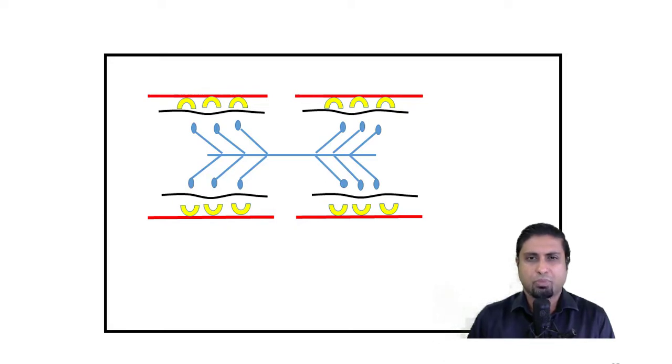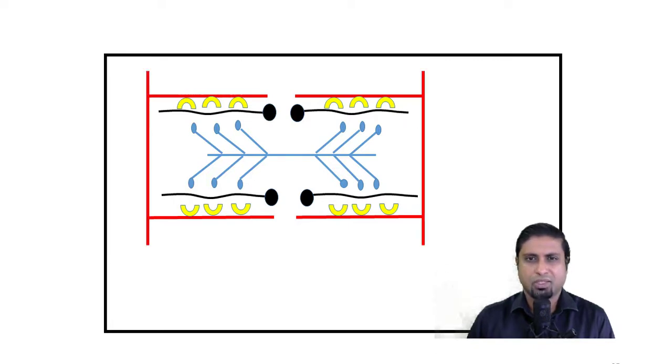The tropomyosin molecules have got troponin attached to them, represented by those black circles. So this entire unit would be called a sarcomere, bounded by Z lines on either side. So that's a sarcomere.